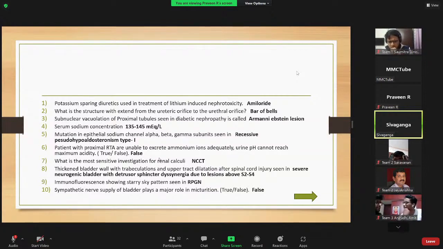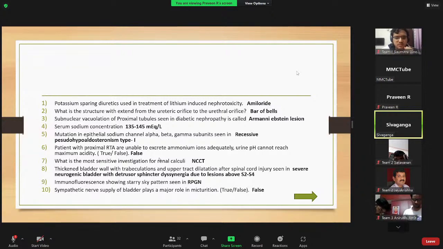Fifth one is recessive pseudohypoaldosteronism type 1. Like you said, Liddle, right? It would not be a mutation in alpha subunit alone. Here there will be mutation in alpha, beta, and gamma subunit. And sixth one you said correct, false. Seventh one, non-contrast CT, but you said CT, I'll give mark.